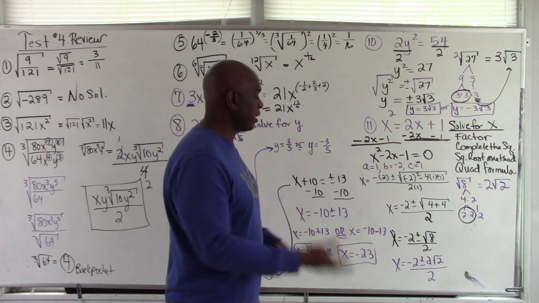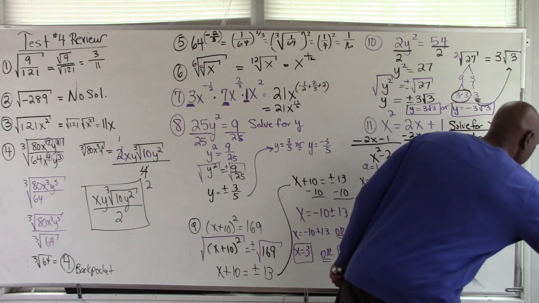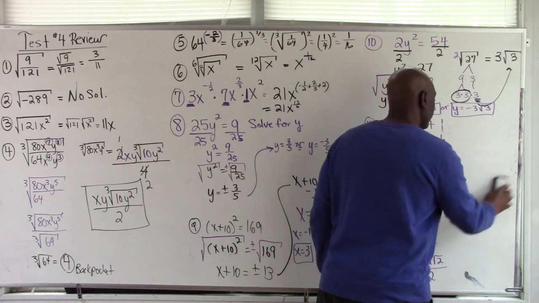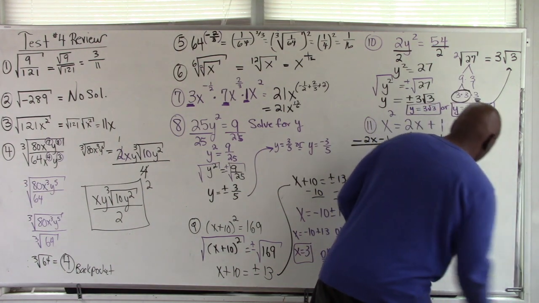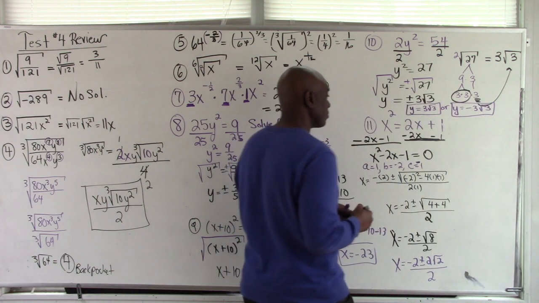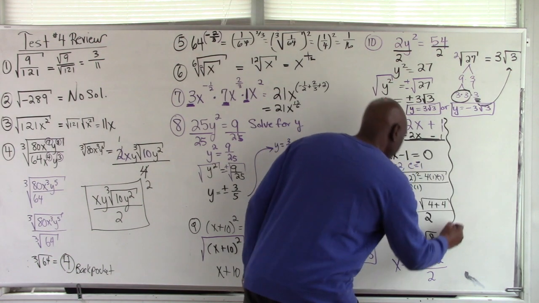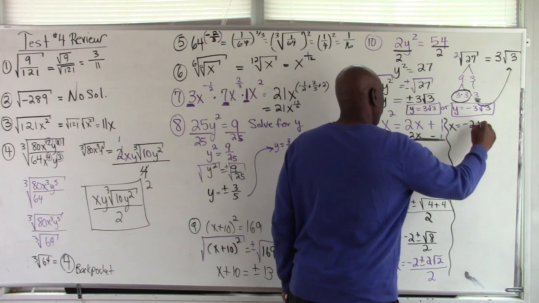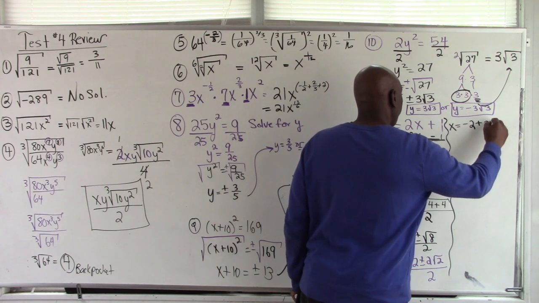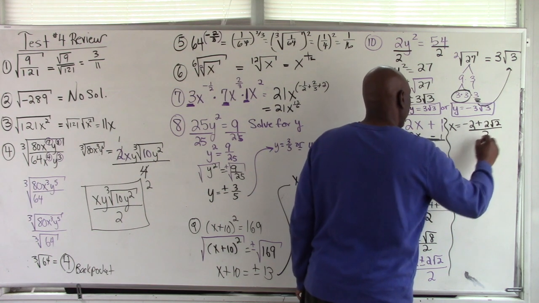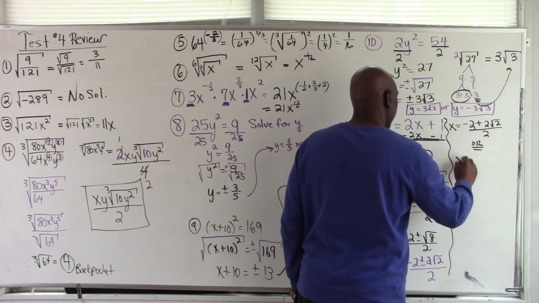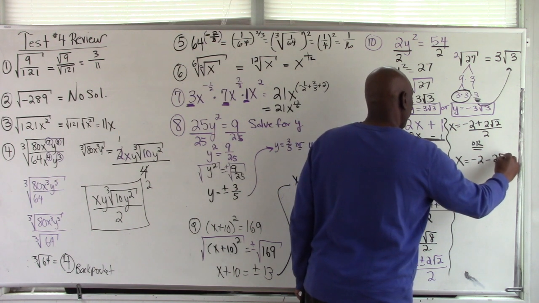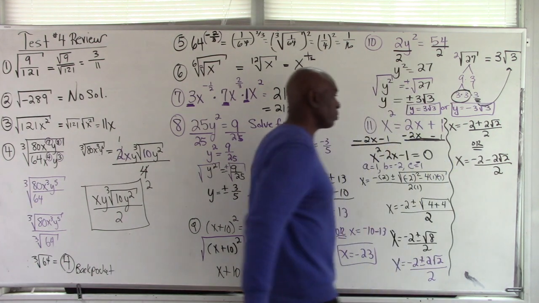So now take them and split it up. So what does this mean? This means that x is going to equal -2 plus 2 root 2 over 2, or x equals -2 minus 2 root 2 over 2.